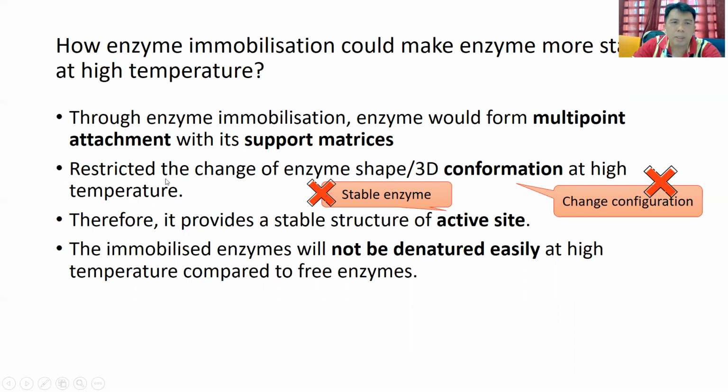This restricts the change of enzyme shape, the three-dimensional conformation, at high temperature. Therefore, it provides a stable structure of active site. Like just now, if you don't want to say configuration, you can write a stable structure of active site, or the stable shape of the active site. Not the stable enzyme.